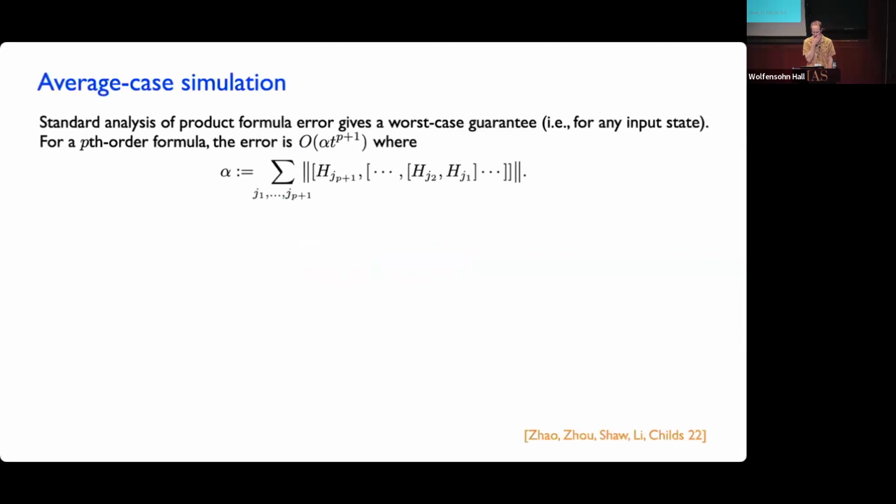Specifically, if you think about what happens on average if you choose the state at random, and then I'll talk about something you can do for particular input states that achieves something similar. Okay, so we're going to change gears now and talk a little bit about simulation on average, where we're going to choose the state from some distribution.